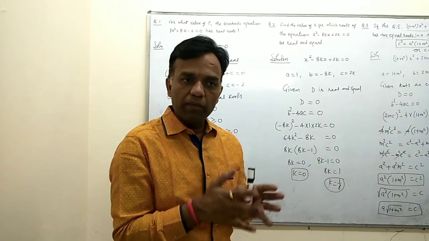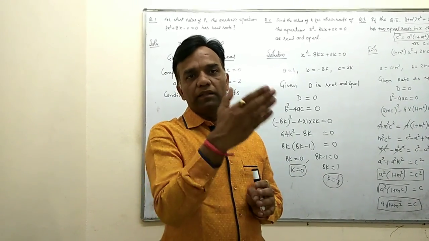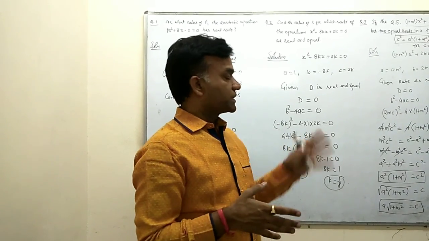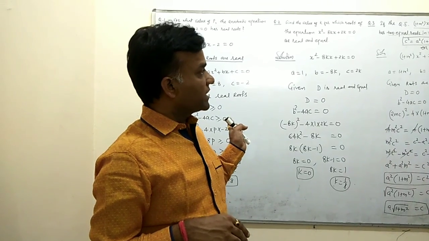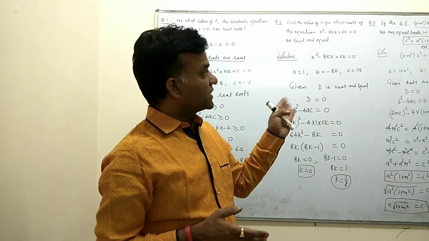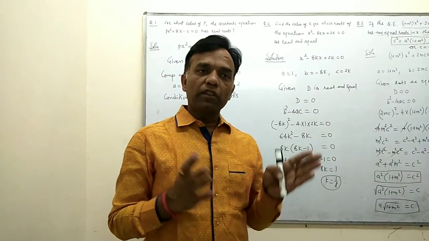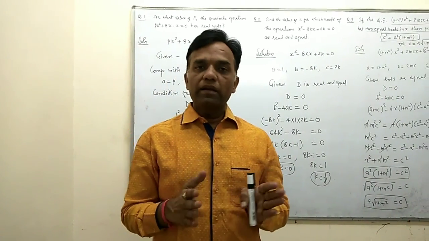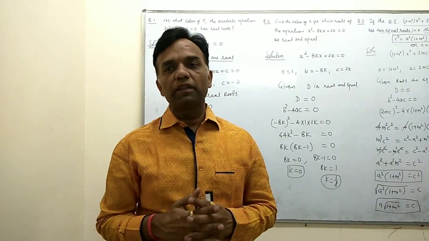With the help of the discriminant, you find the nature of the quadratic equation, and we also listed the following cases. With the help of examples, I also explained the conditions given for real, for equal, and for not real. There are so many possibilities, and you find the unknown term with only one formula, D equal to b square minus 4ac, but you put the condition according to what is given in the question.